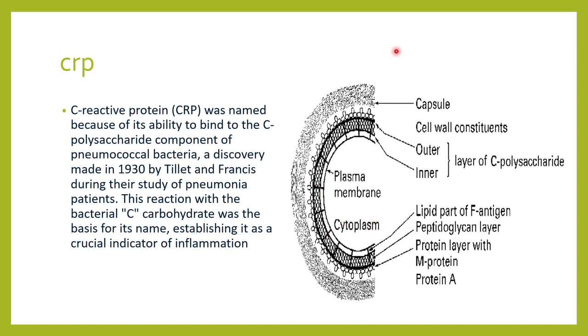Here the pneumococcal bacteria has an outer and inner layer of C polysaccharide. In the 1930s, when they were studying pneumonia patients, pneumonia being caused by this pneumococcal bacteria, they found that the C-reactive protein was able to bind to the C polysaccharide of the bacteria, and the bacterial C carbohydrate was the basis of the name.